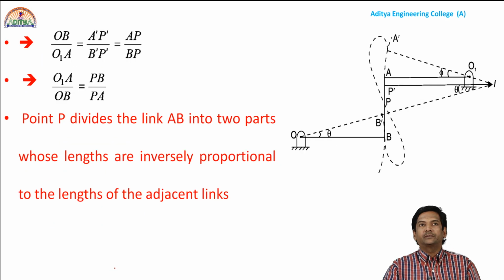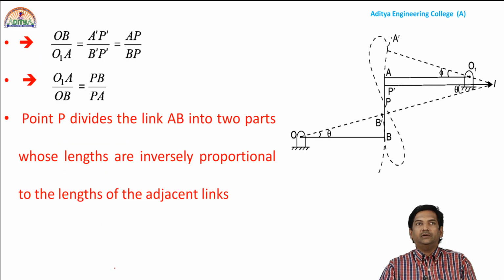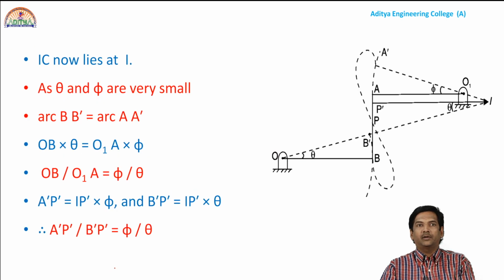Now from this we get the relations. The theta by phi relation, OB by O1A, is equal to A dash P dash by B dash P dash.